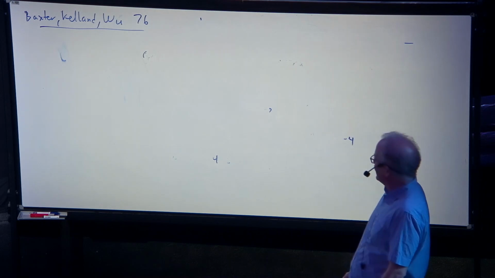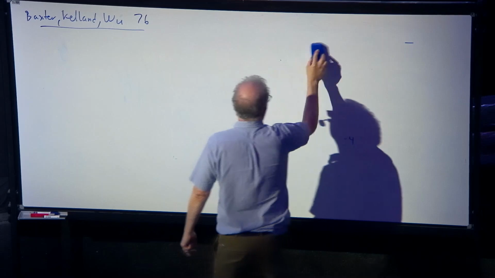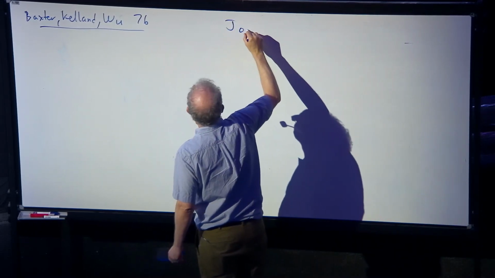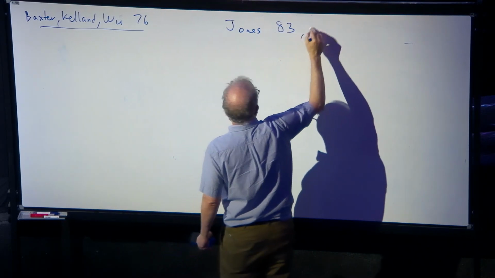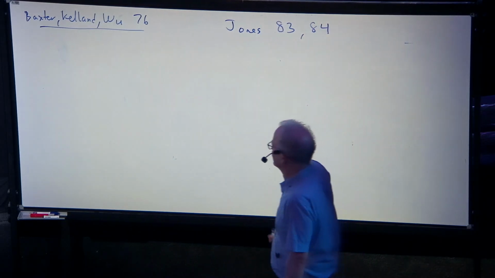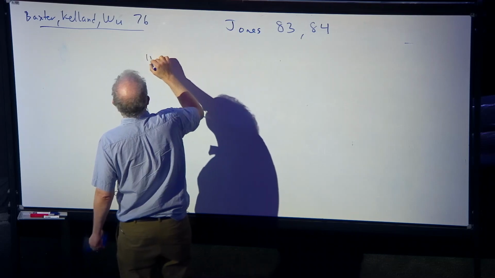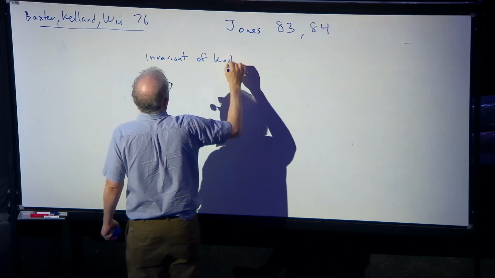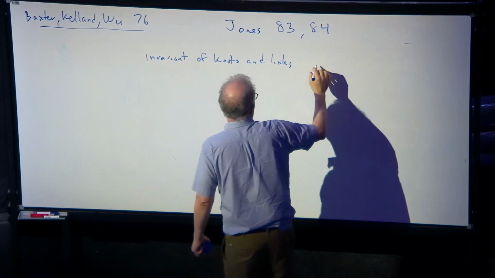So in the 80s, Jones, I forget which, the first paper was 83, but I think the one where he made the connection was 84, defined the knot polynomial, the famous invariant of knots and links, called the Jones polynomial.